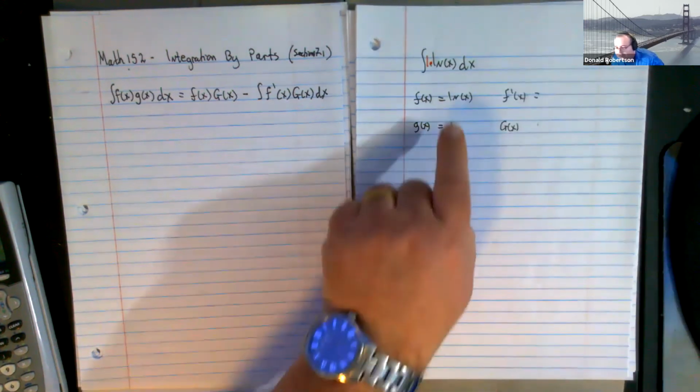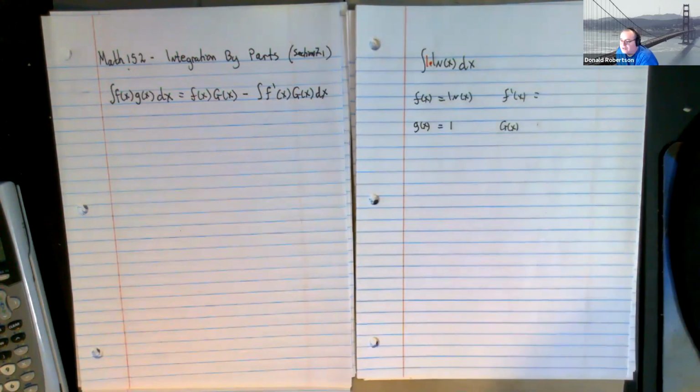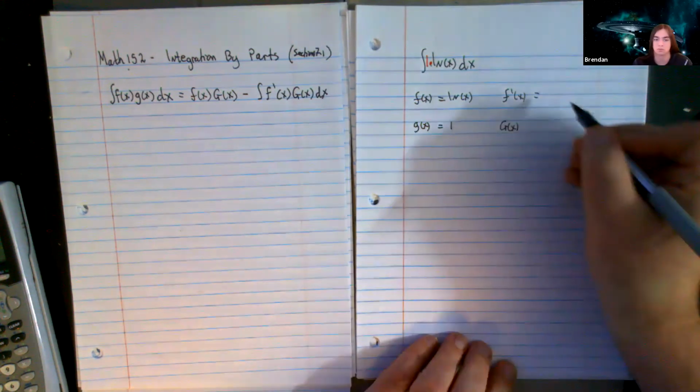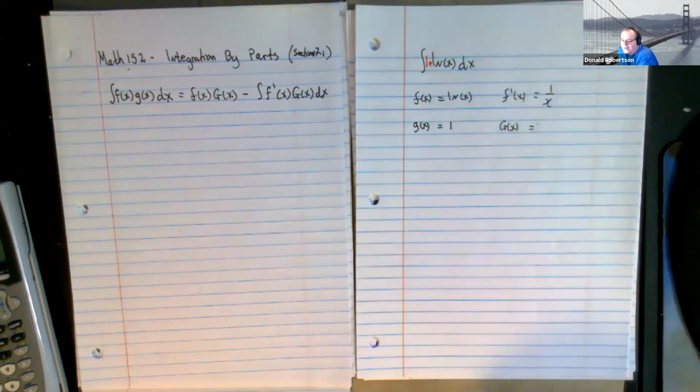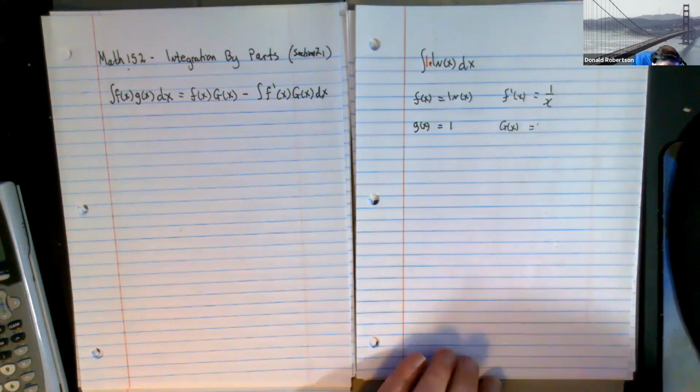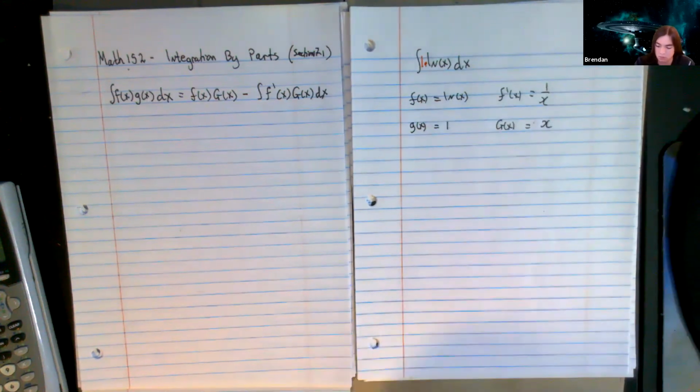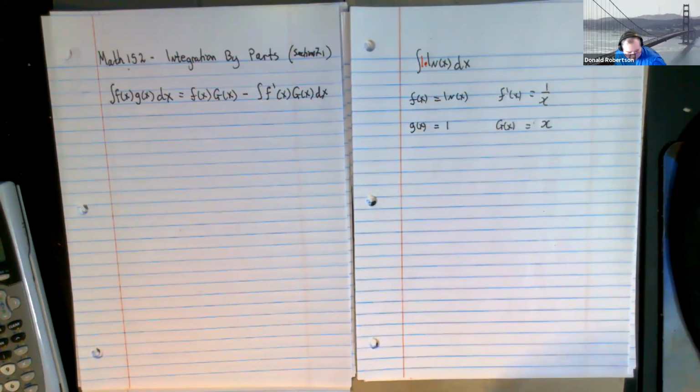Okay. What's the derivative of natural log of x? 1 over x. Agreed. What is the antiderivative or integral of 1? X. Are you all happy about that? Right? The f and the g, stick in a 1.